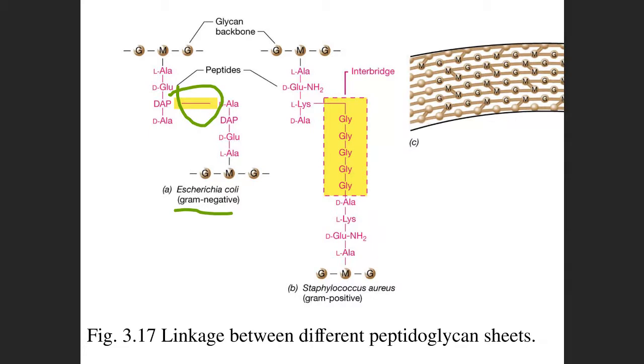And the gram-positive bacteria, like Staphylococcus aureus, use a glycine interbridge to bring the two sheets together. Okay. And so that's the difference.